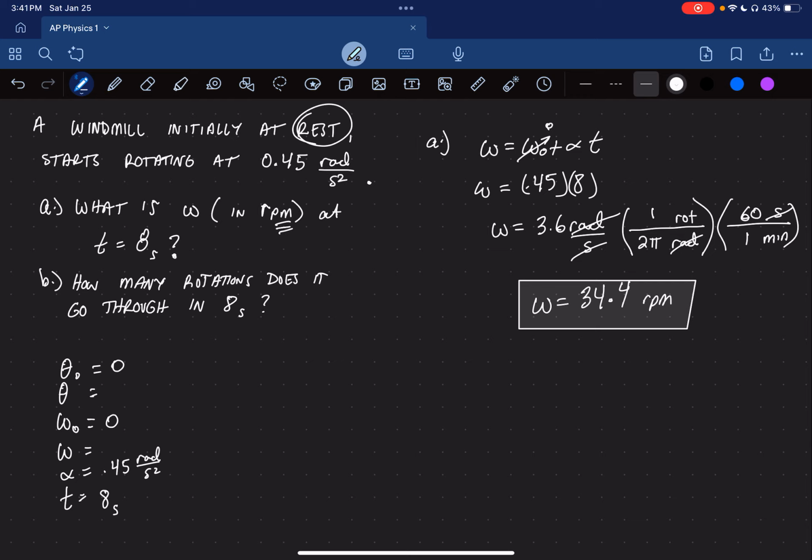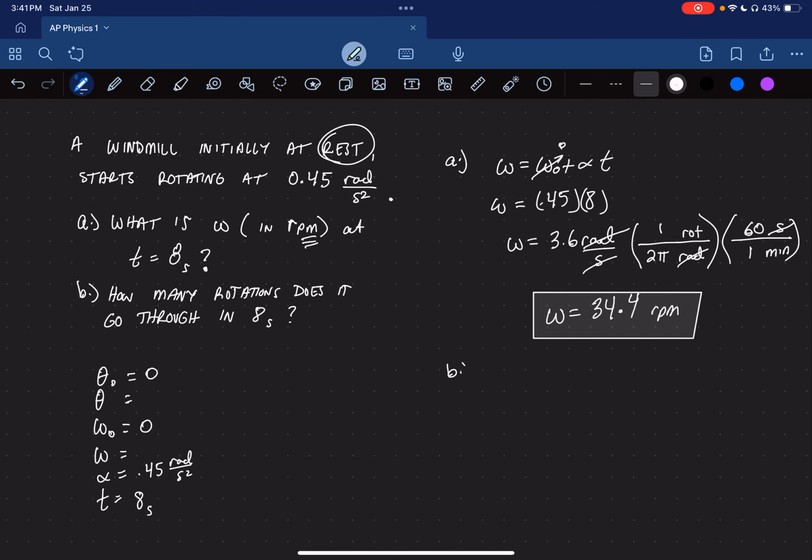Yeah, good enough. It's good to note, even though they wanted it in RPM, if we ever use that number again, we need to use the radians per second, as we initially wrote at the start of this video. So this is still 3.6 radians per second.